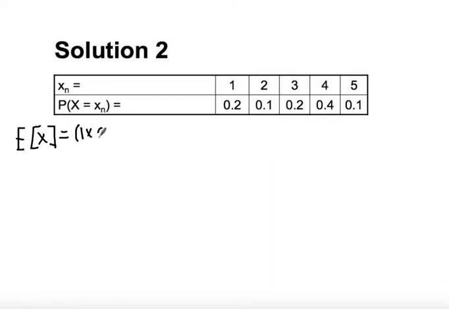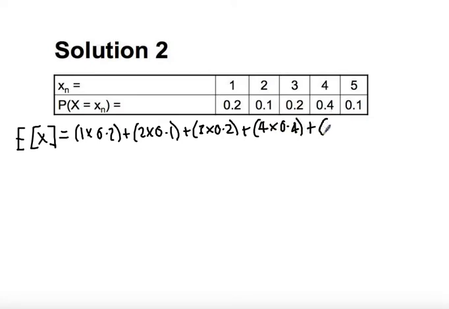So 1 times 0.2 plus 2 times 0.1 plus 3 times 0.2 plus 4 times 0.4, and then finally plus 5 times 0.1.